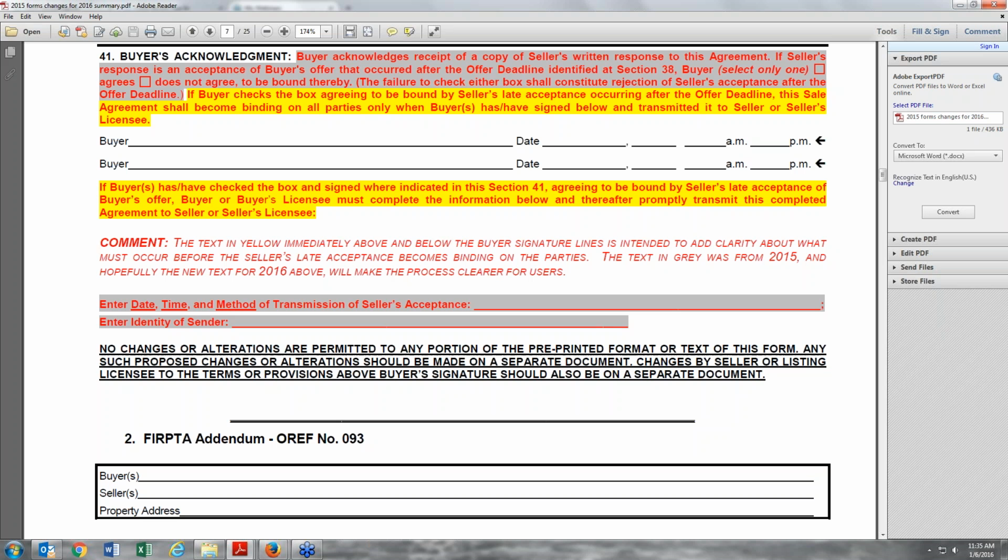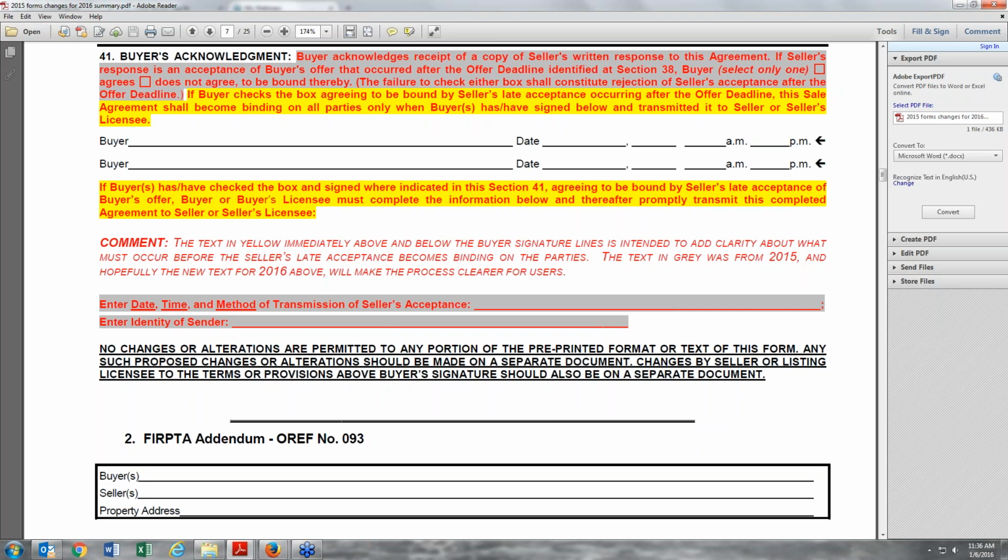What has changed is the text above in yellow to make it more clear that by entering the date, time, and method of the seller's acceptance and then identifying the seller and then transmitting it, at that moment in time, now the transaction has become binding. It doesn't become binding until the buyer accepts and transmits their acceptance of the seller's late acceptance.